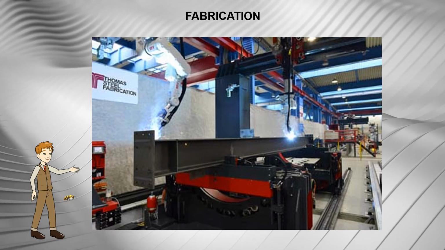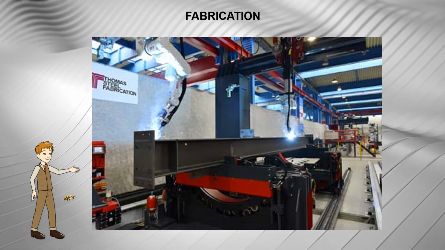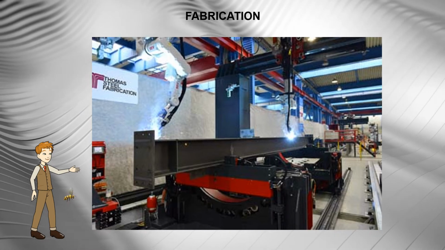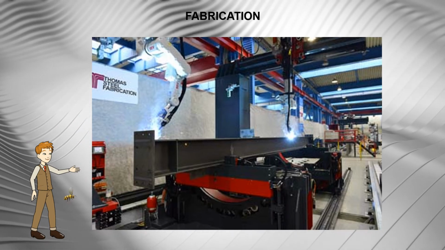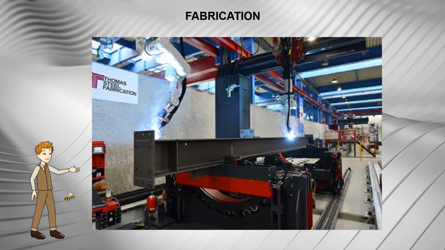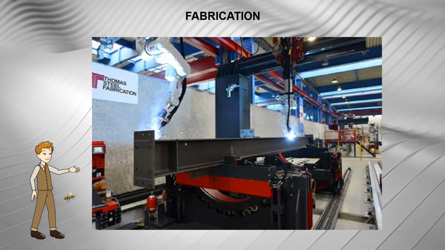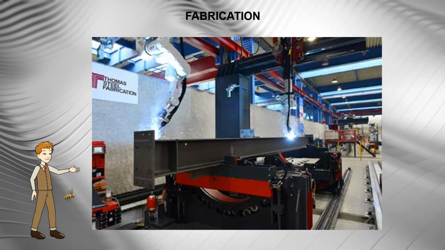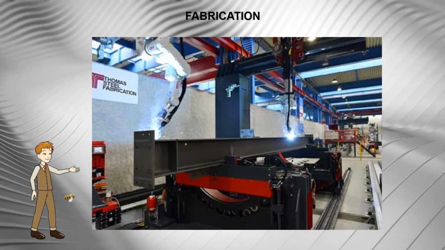Number 4, automated fabrication is generally cheaper. Number 5, careful design can minimize transportation costs. Number 6, specifications need to be realistic to reduce costs. And number 7, good quality control is essential.